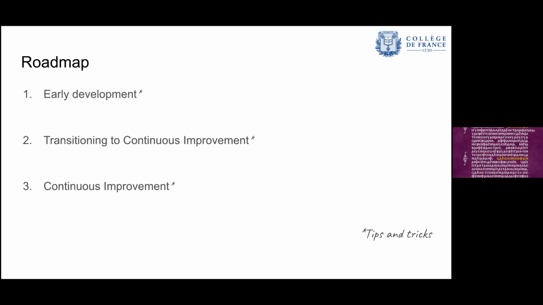And eventually there is the continuous improvement stage, where the project has been adopted by the community, and people are coming with feature extensions, with potentially some bugs and issues that they would like to fix. And so you are able to improve the data set as a community.